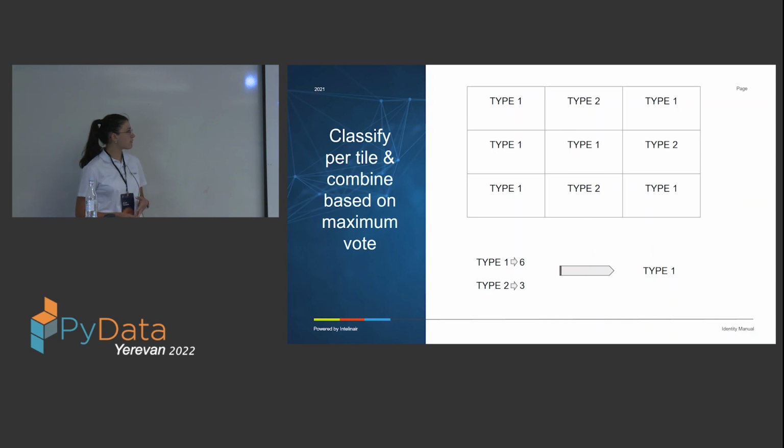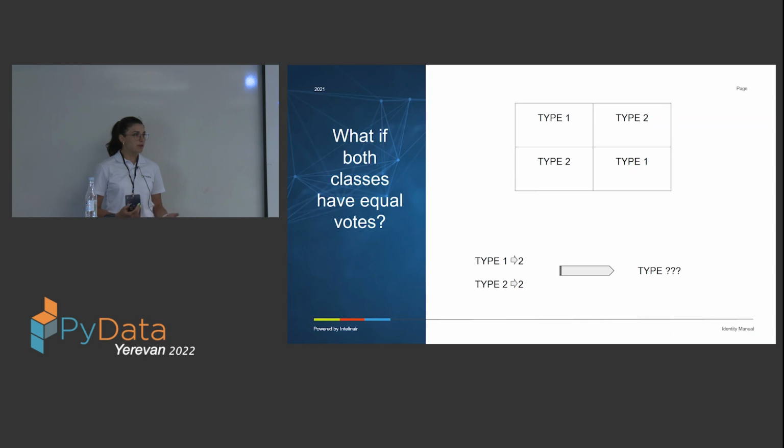In this case, we have 9 parts. 3 of them were classified as type 2, 6 of them as type 1, so the entire image would be classified as type 1. The only problem would arise if we had the exact same number of tiles classified as type 1 and type 2. This can, of course, arise if you have more classes as well. So how would you classify in this case?